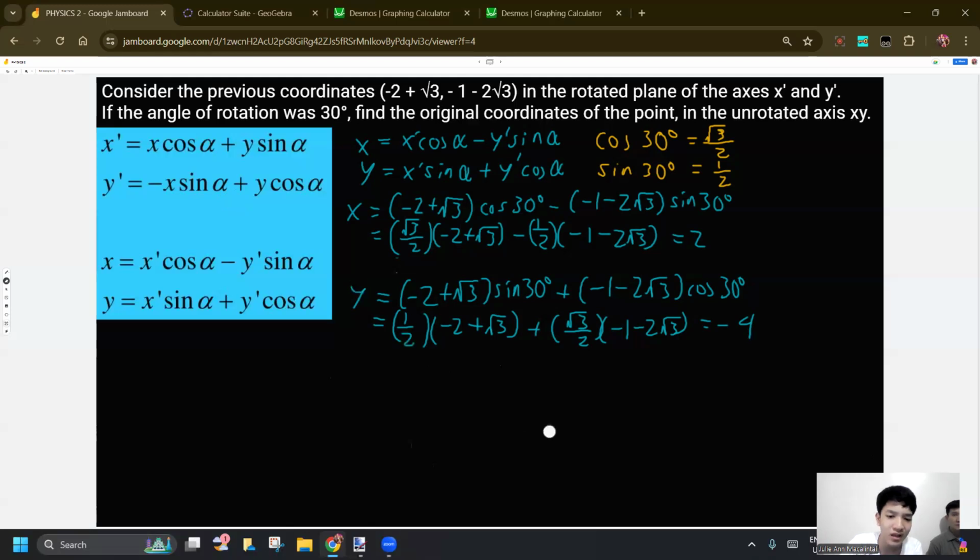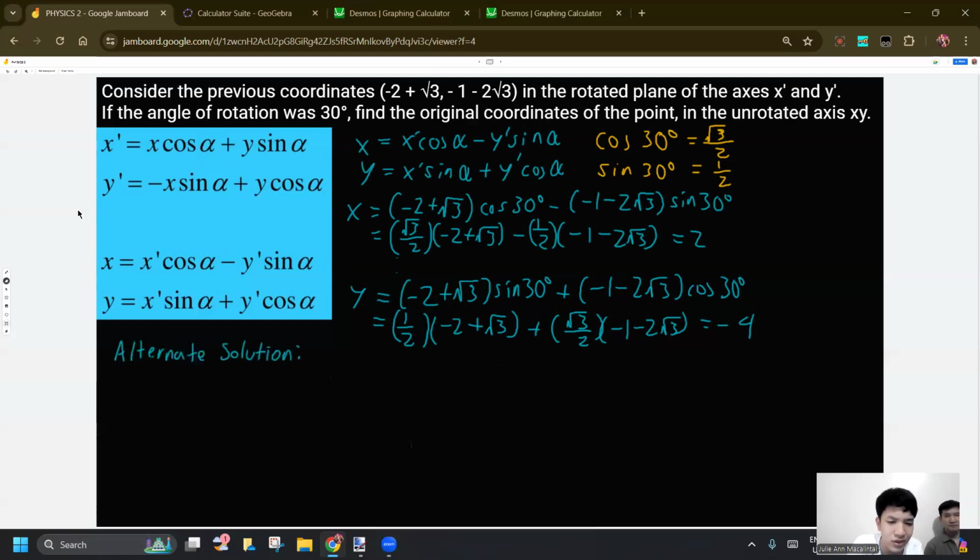So effectively, the coordinates that you get are the unrotated coordinates. So instead of using 30 degrees, let's use -30 degrees in the upper two formulas.